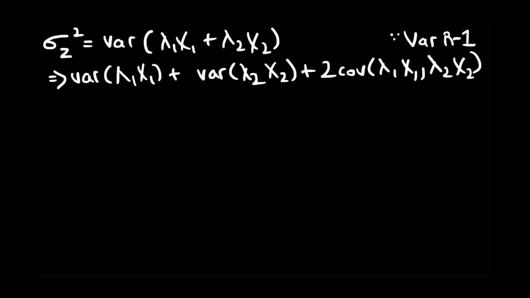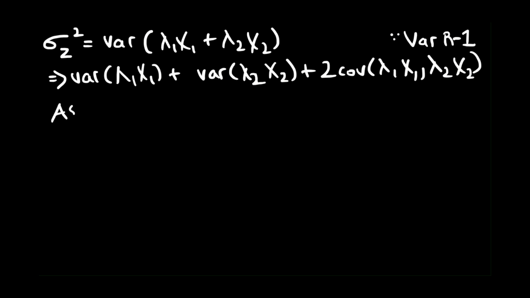Okay, next we notice that the covariance between lambda 1 X1 and lambda 2 X2 is going to equal 0, because we are assuming that X1 and X2 have been generated independently, so they are independent observations.